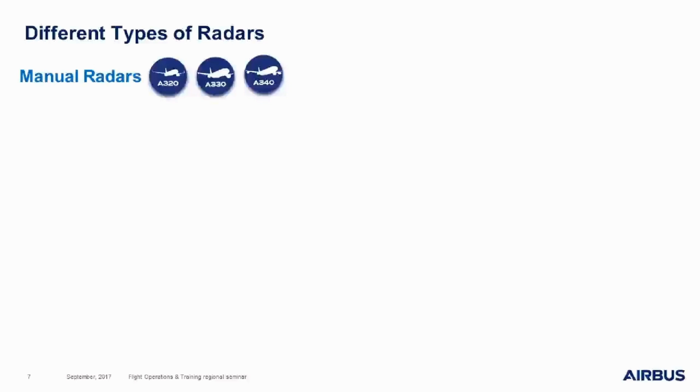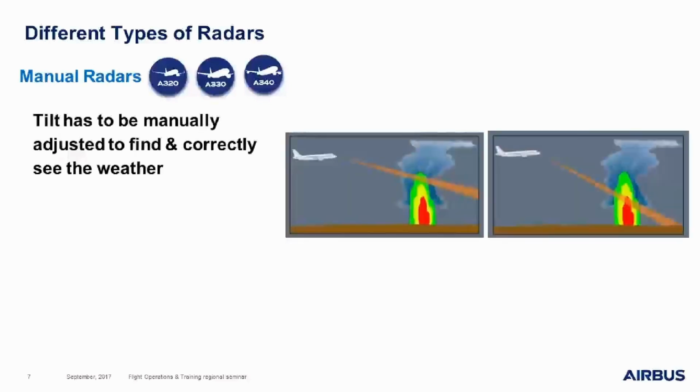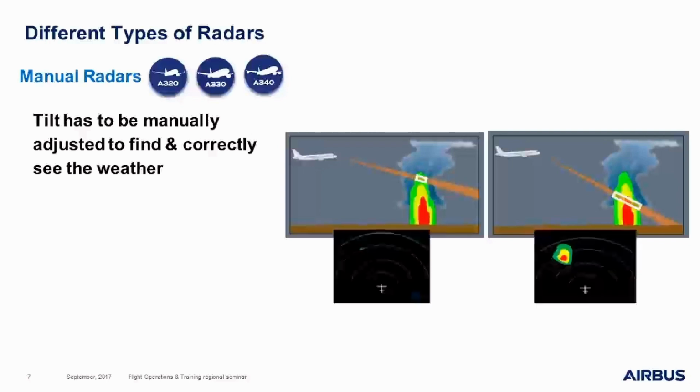With such manual radars, the tilt has to be manually adjusted to find and to correctly see the weather. For example, here with the first tilt value, you will see only the top of the cloud. You will have to adjust the tilt down in order to see the core of the cell.